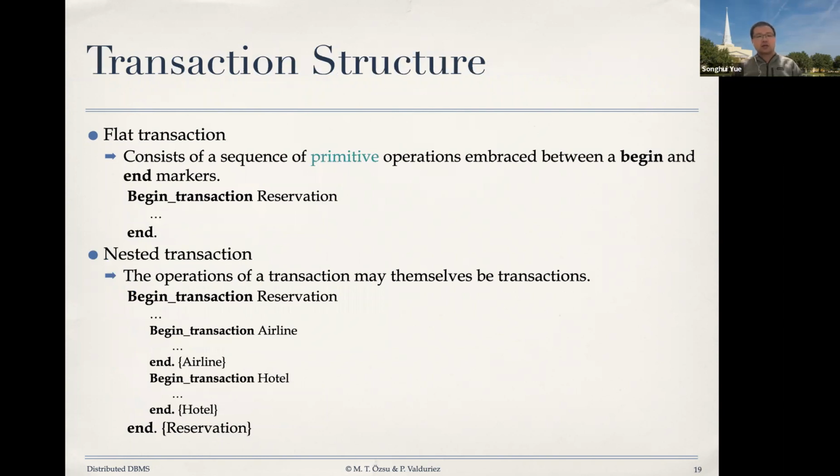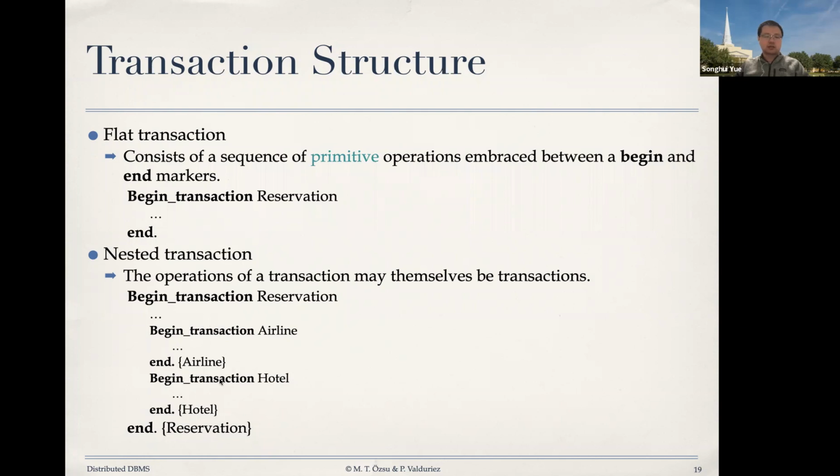This is the most typical transaction that we have learned, and you probably have the chance to view them. They are just wrapped with begin and end markers. So as in the example, begin transaction and then begin another transaction and begin another transaction. This is the nested transaction. Okay, this is the flat transaction.